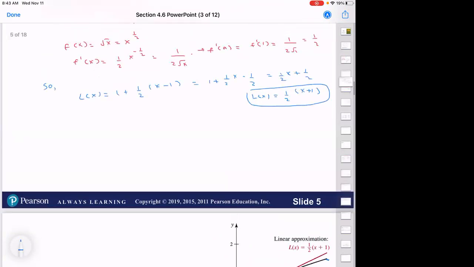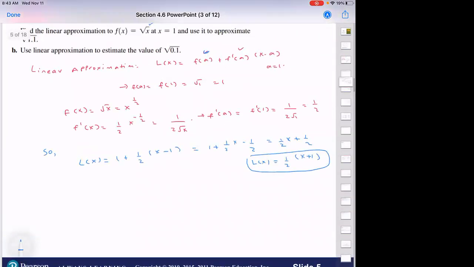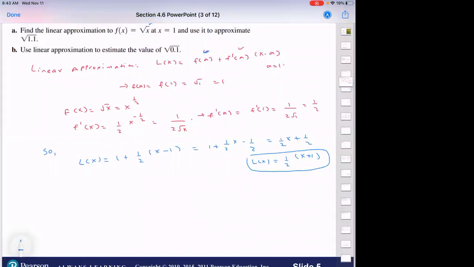Okay, so now the next question is: use it to approximate square root of 1.1. So what we learn means that square root of x is close to 1/2 times (x plus 1).